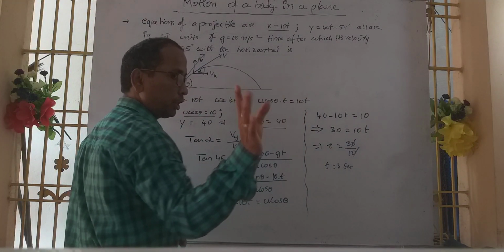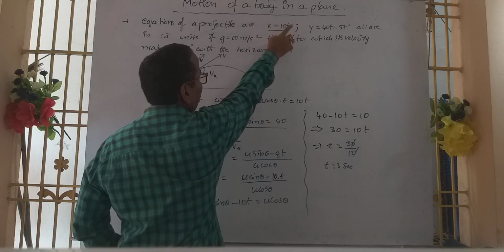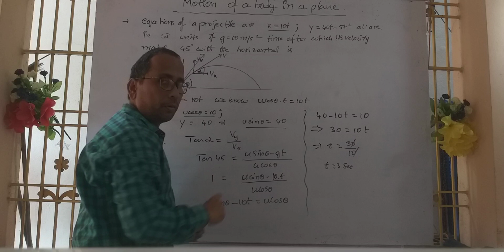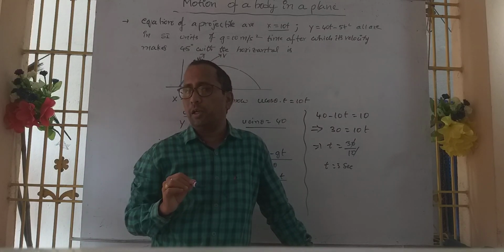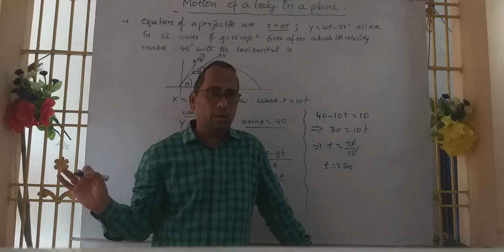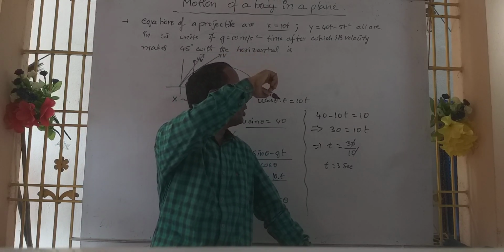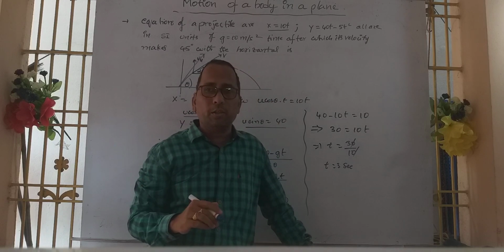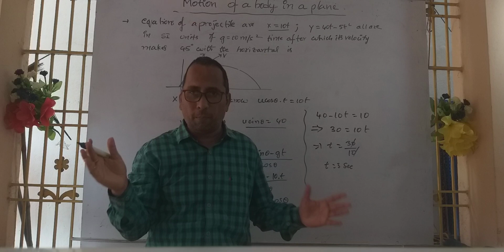Here again I will explain. The body is projected like this. Equations are given. x is equal to 10t, compared with x is equal to u cos theta into t, so u cos theta is equal to 10. The second equation is 40t minus 5t square, compared, so u sin theta is equal to 40.